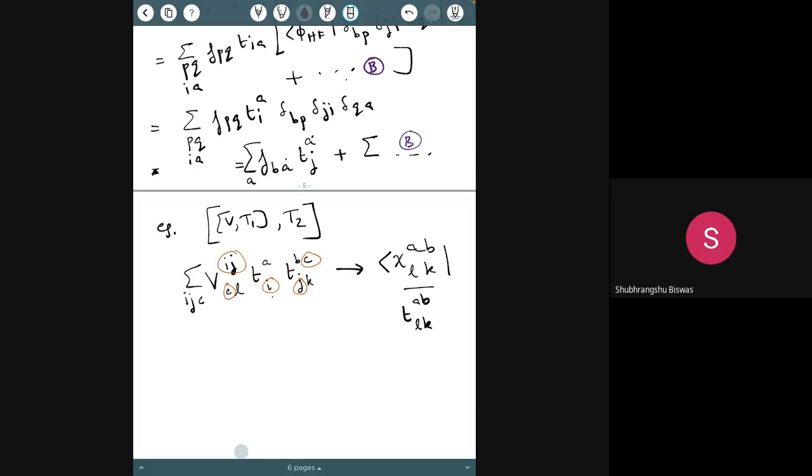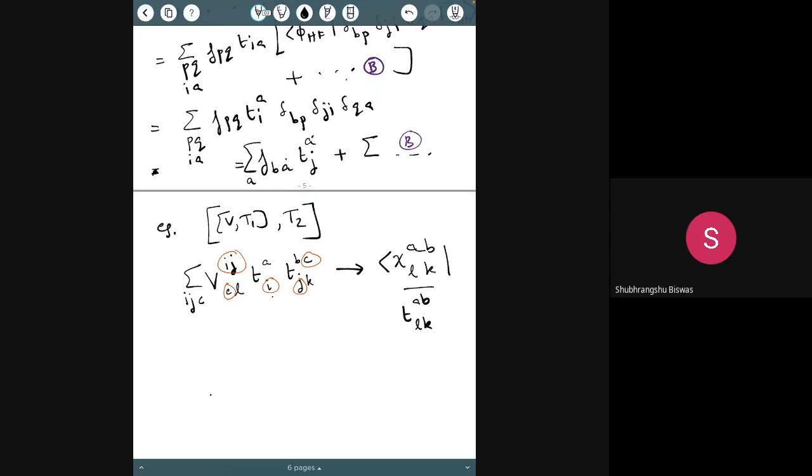Does that seem reasonable to you? So we say that this is the equation for a particular cluster amplitude. I guess unless I tell you the iterative scheme, it doesn't make sense to you.